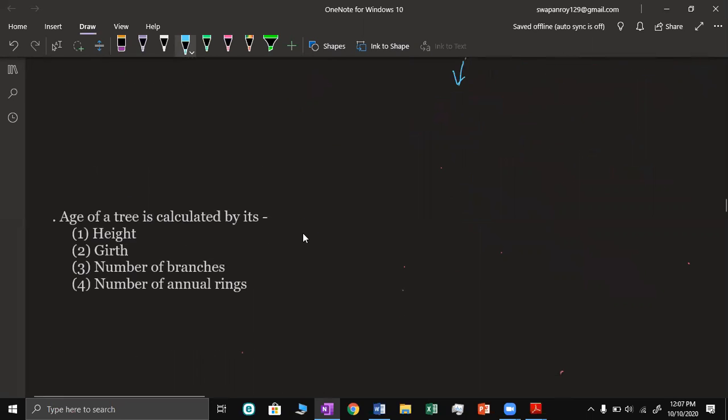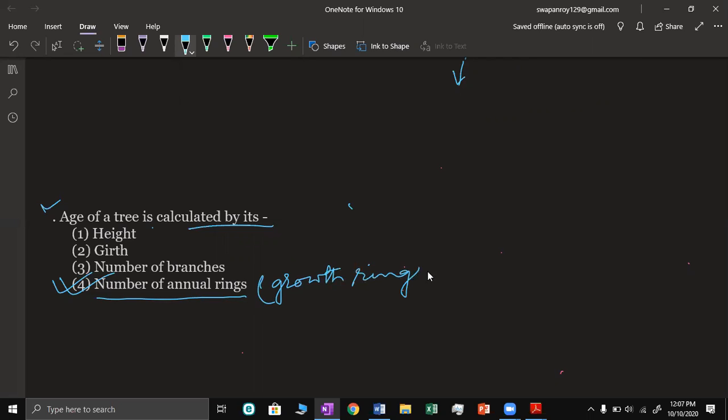Next question: age of a tree is calculated by its height, girth, number of branches, or number of annual rings. The age of the tree is determined by the annual rings, also called growth rings.